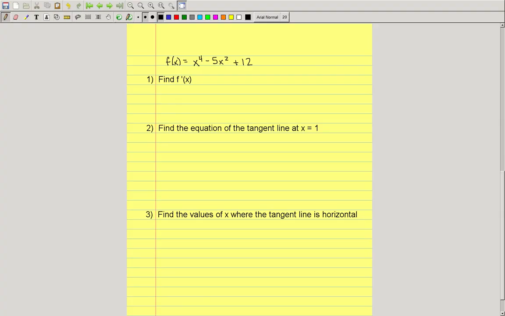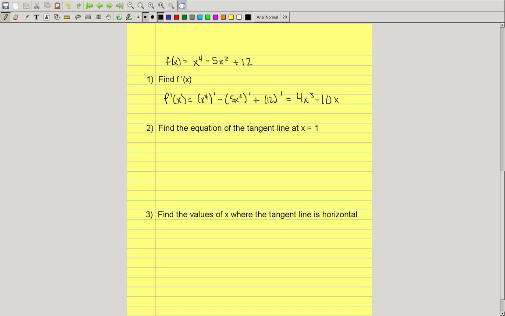All right, let's start by calculating our derivative. f prime of x is equal to x to the 4th prime minus 5x squared prime plus 12 prime, which is equal to 4x cubed minus 10x.